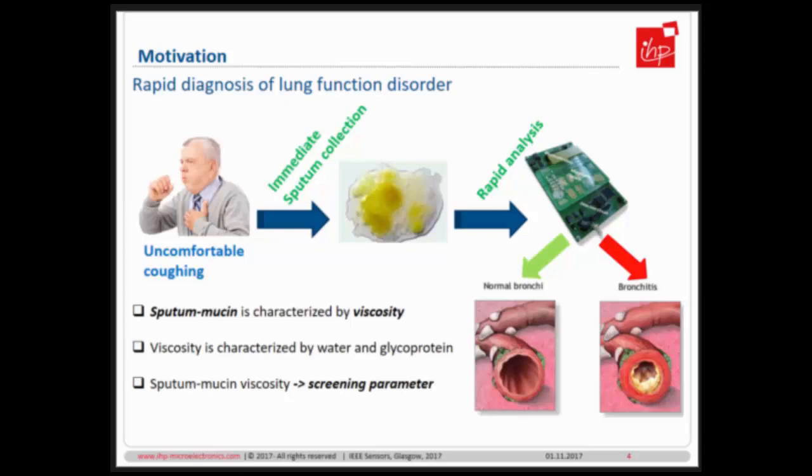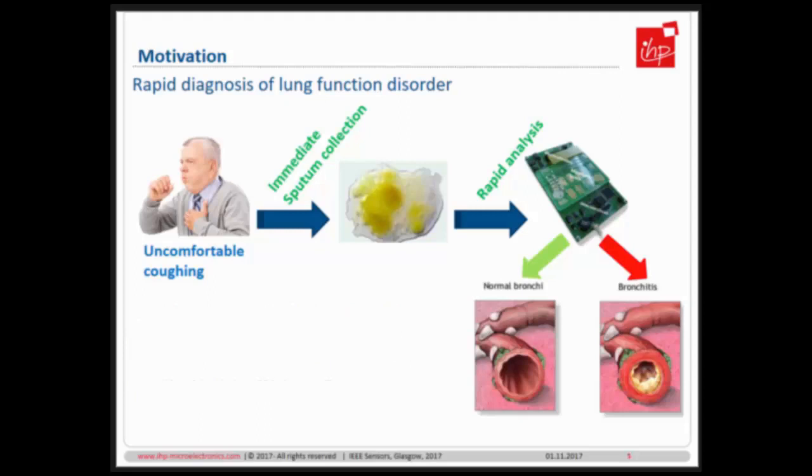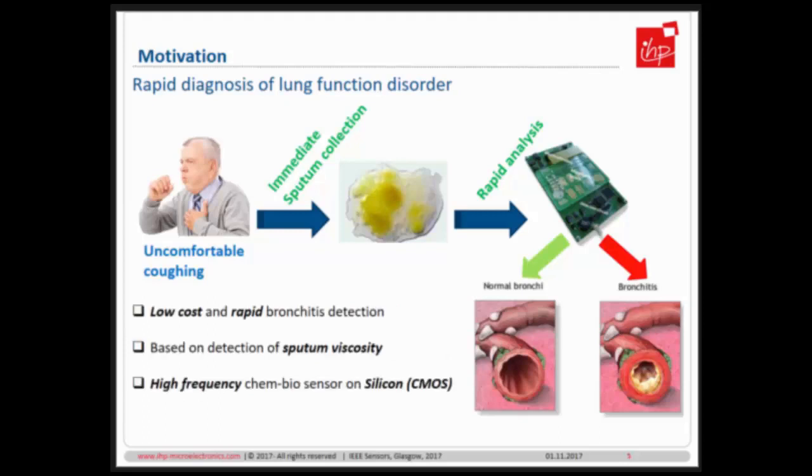And if it can be detected on a full lab-on-chip platform like this, it would be rapid and low cost, and it would help in rapid diagnosis and screening of lung disorders.